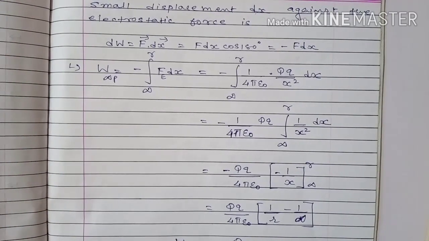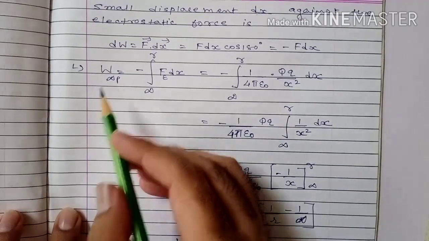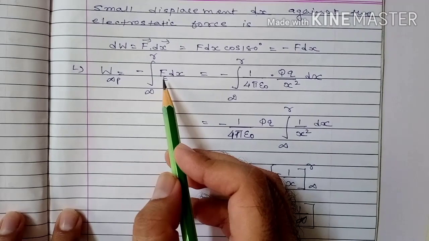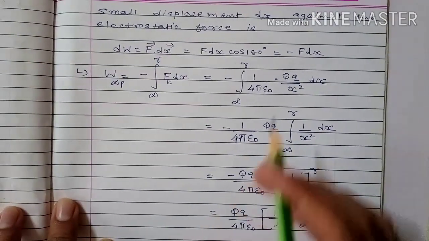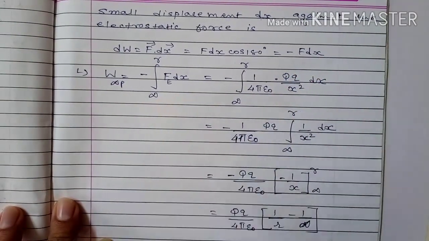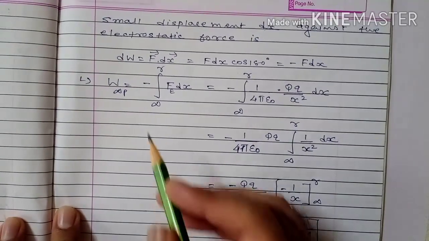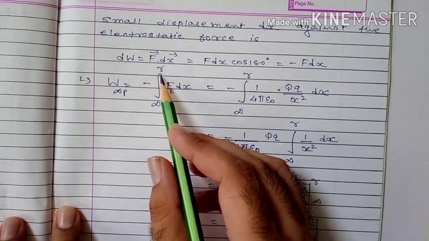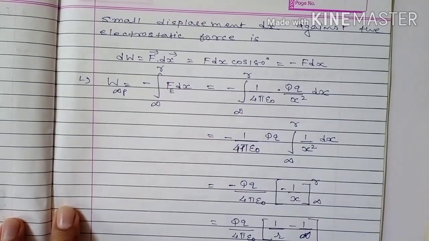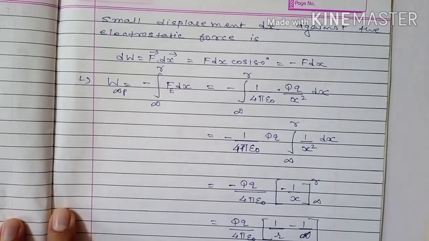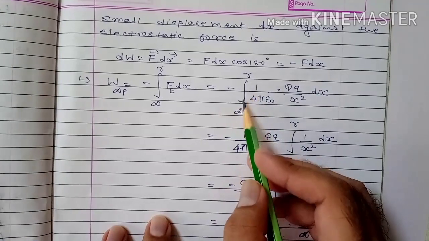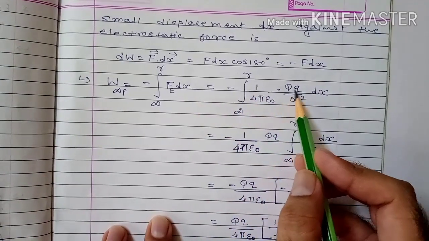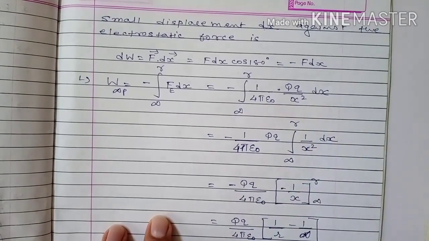And we know the formula of work done by a variable force. Work done by a variable force is equal to the integration of F dx, that is minus F dx. The limits: we are taking this charge from infinity to point P, and point P is at a distance r from the origin. So infinity to r, the value of the electrostatic force is 1 upon 4 pi epsilon naught q upon x square into dx.